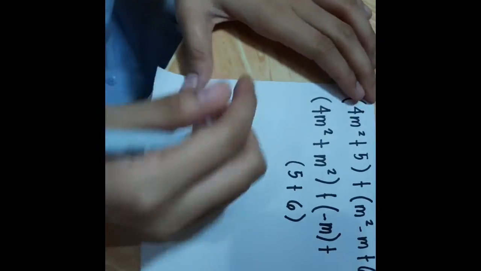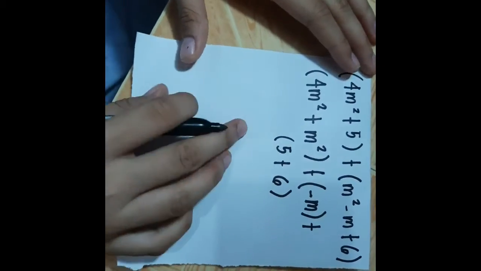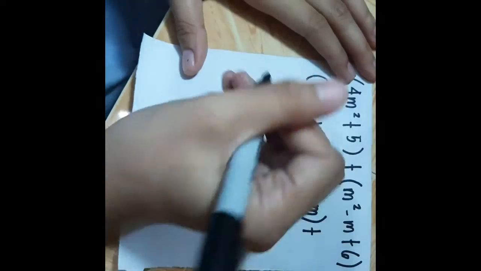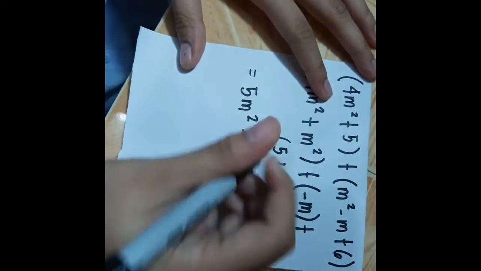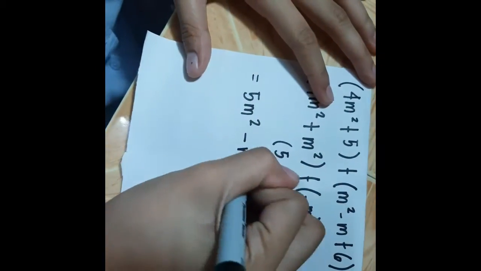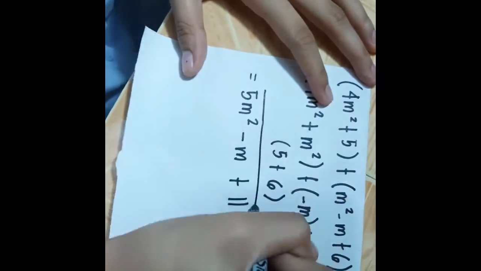And then step 3. Combine like terms. So 4m squared plus m squared equals 5m squared, copy negative m, and 5 plus 6 equals 11. And this is the final answer.